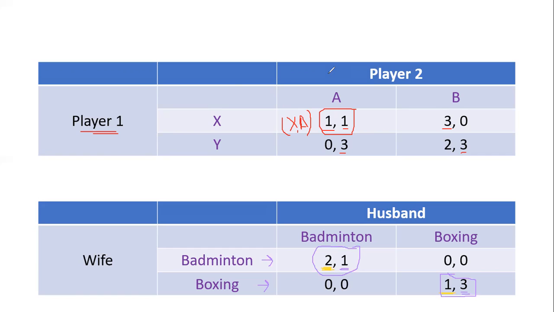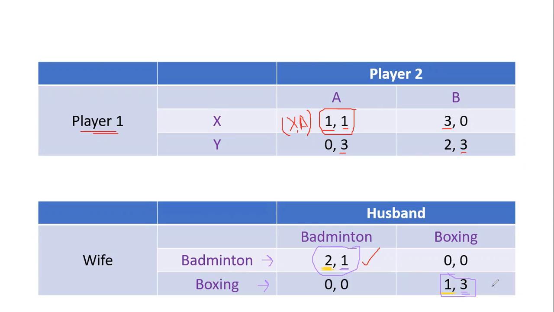The wife has opted to play badminton. You opted for badminton. Would you like to change your decision? And he will be like, no, no, I'm very happy playing badminton. So this confirms that badminton is a Nash equilibrium.